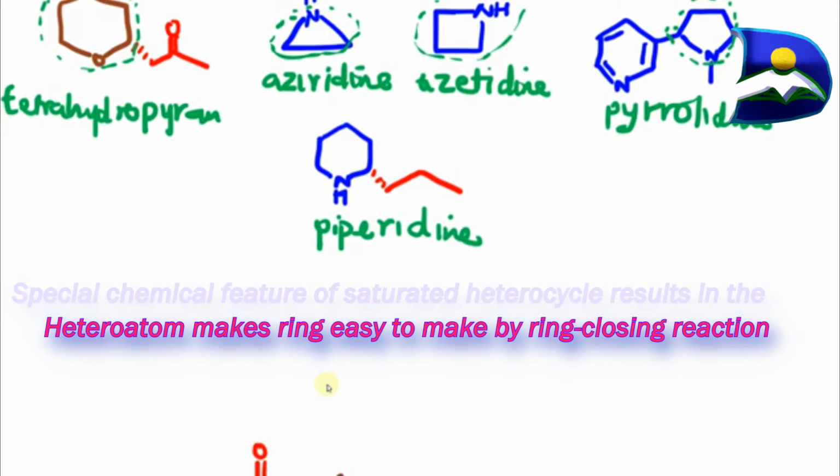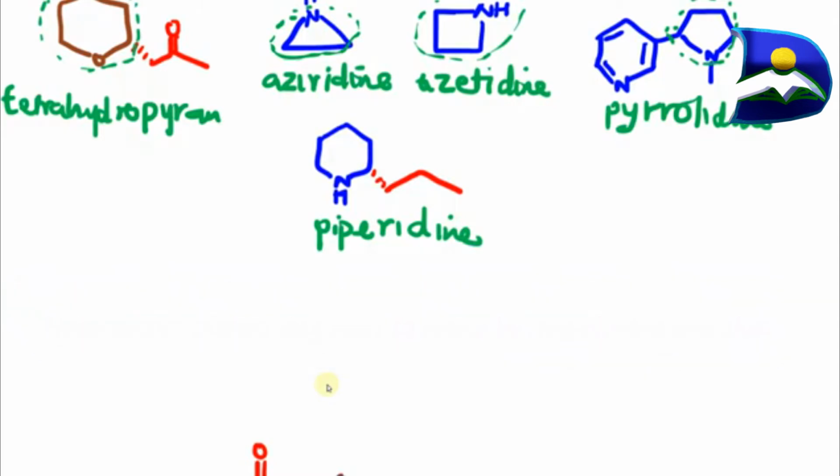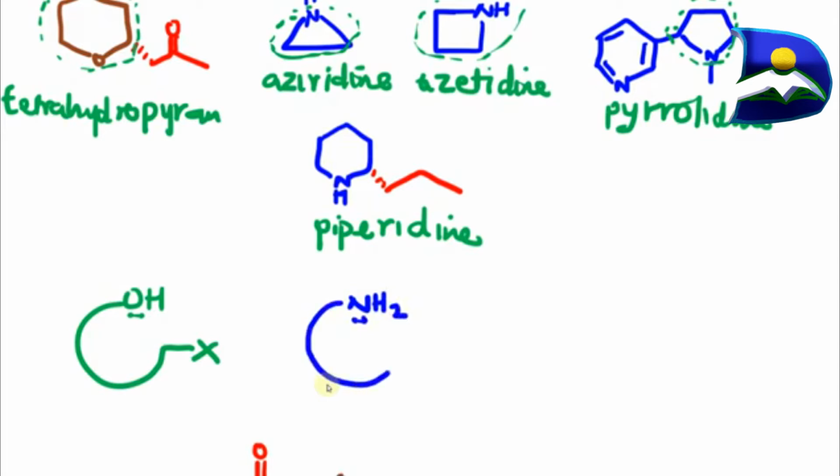Like for example here, we have one case where we have oxygen, in this case a hydroxyl, and here is a very long chain, and on one end we have a good leaving group, usually a halide. We also have another case where we have nitrogen, which in this case is called an amine, and this amine has a lone pair, and it is attached to a particular chain, and at the end we have a halide that is a good leaving group.